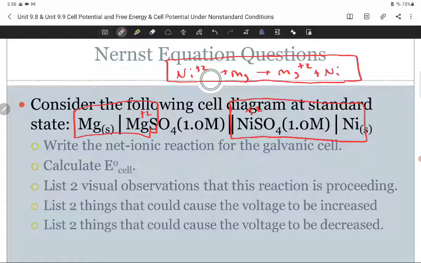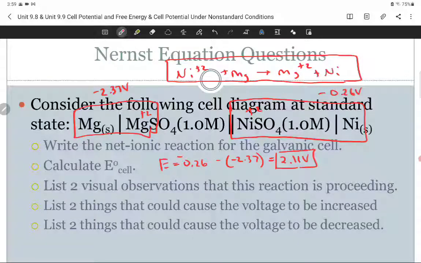When I found those two values, the magnesium value was negative 2.37 volts, and the nickel was negative 0.26 volts. So the only way you're going to get this to work is by placing the negative 0.26 first, and the negative 2.37 second. Okay.